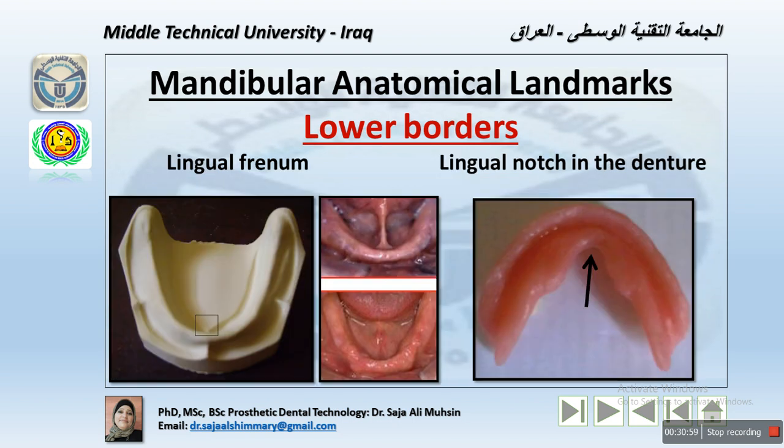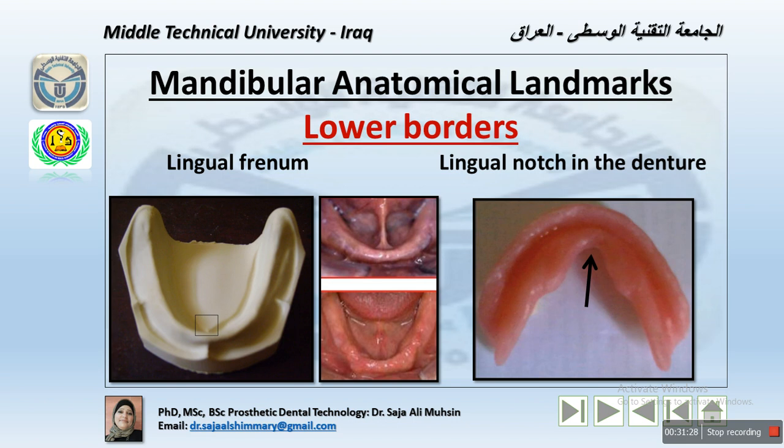The lingual frenum later on becomes a lingual notch in the denture, but the most important thing is to notice the attachment of this lingual frenum. Sometimes we have an attachment just between the two lower central incisors, and in this case we cannot construct a complete denture unless we have a frenectomy to release it.